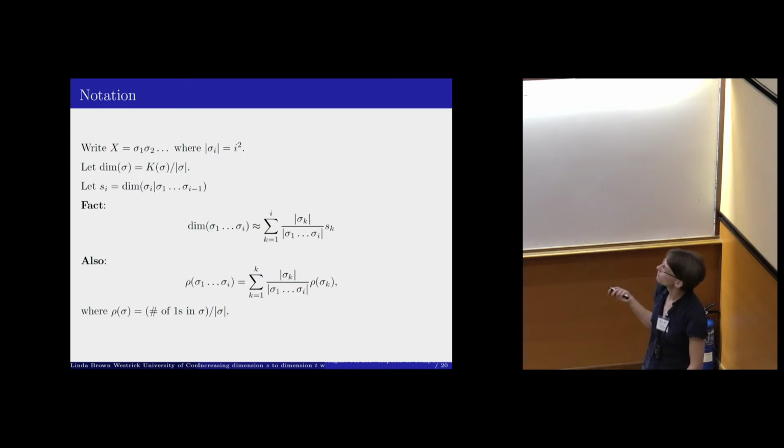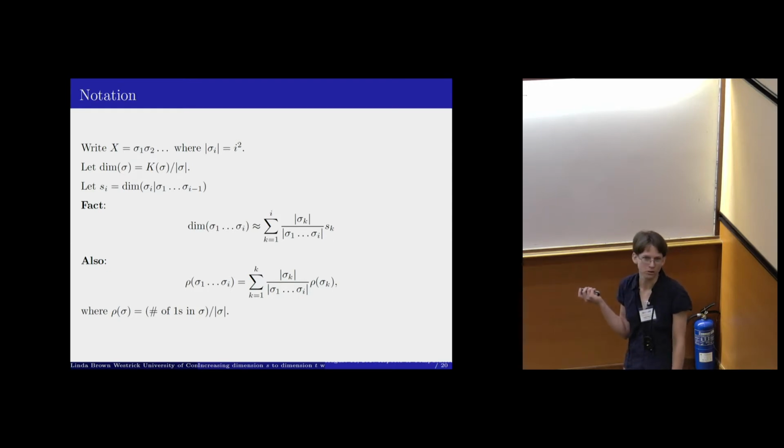And then, of course, if you also want to look at the density of bits in initial segments, then that averaging formula just gives you the density straight up. This is a sort of trivial identity.